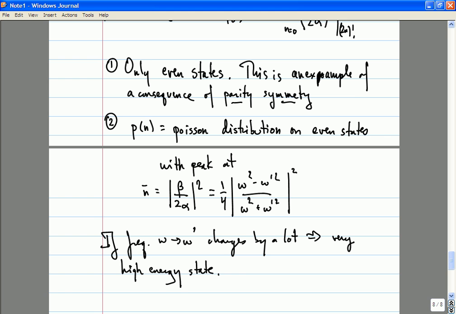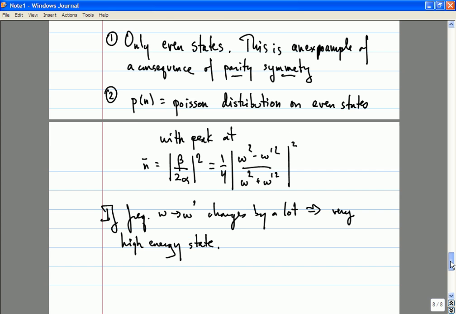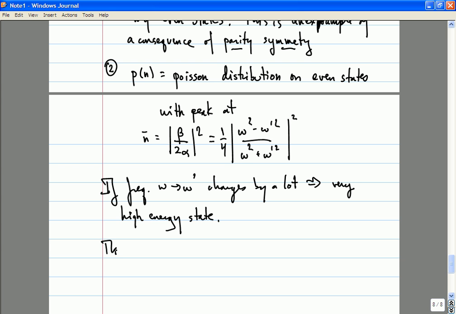So, if you have a universe with not much in it, but then the universe expands rapidly, the frequency of these harmonic oscillators is changing rapidly, and you end up with lots of stuff, okay? And we give a name to that stuff. That stuff is us. Okay. I think it's not an exaggeration to say that this is the basic physics behind what we believe is the origin of structure in the universe.